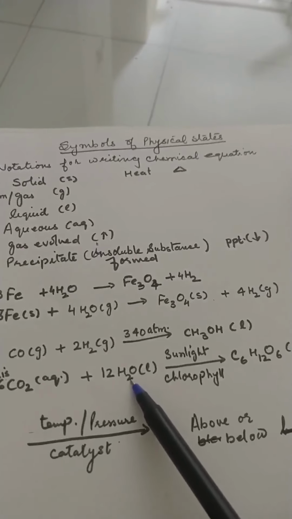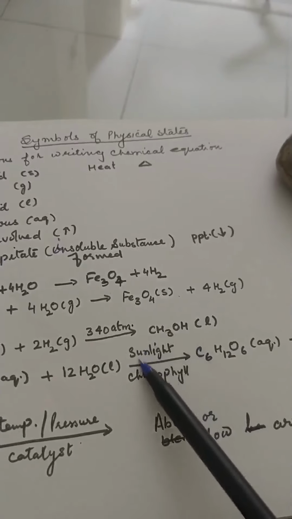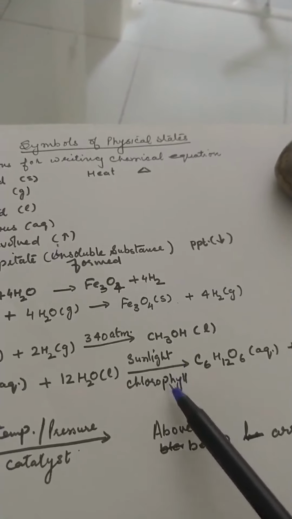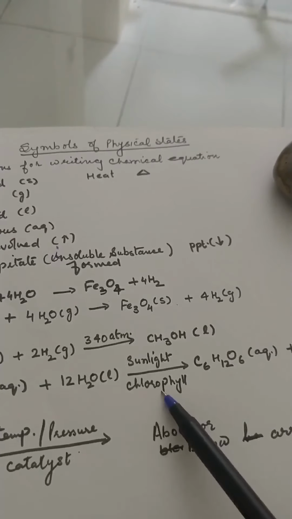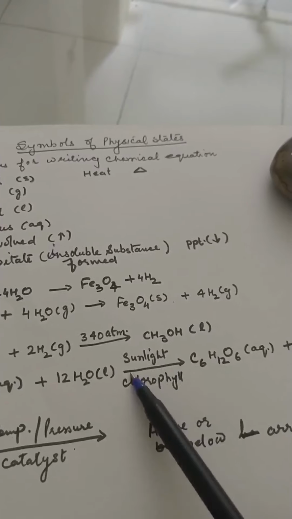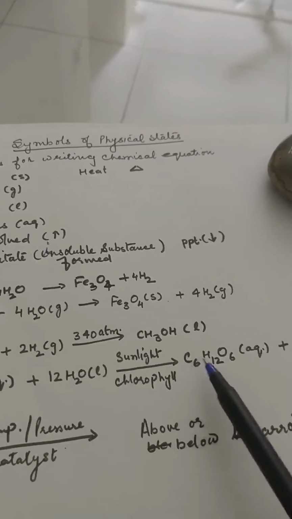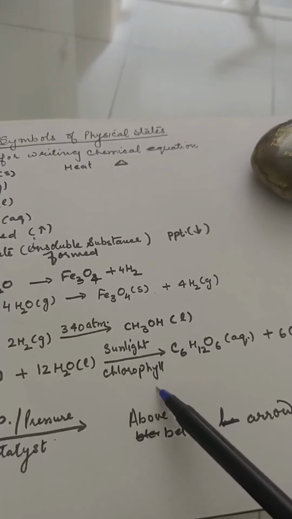Water, liquid. Now these two are the essential conditions for this reaction to take place. Sunlight and chlorophyll, right? So these essential conditions are written above the arrowhead, okay, like this, 3 atmospheric pressure. So sunlight and chlorophyll.